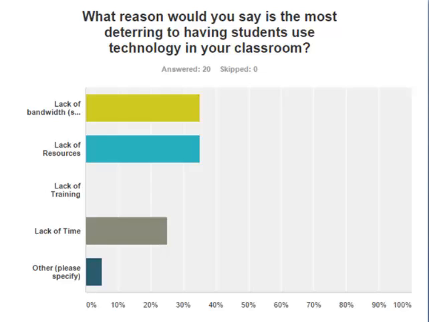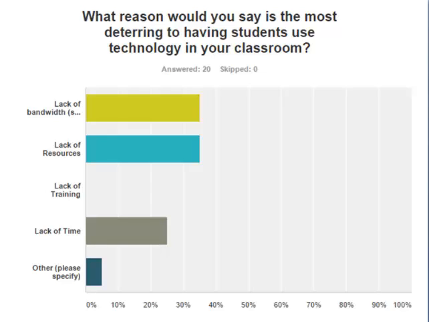So one of the top 2 answers here were lack of resources and lack of bandwidth. And then second in line from those were lack of time. Of course, teachers do lack time in all areas with many things, because teachers constantly are pulled different ways to do different things.